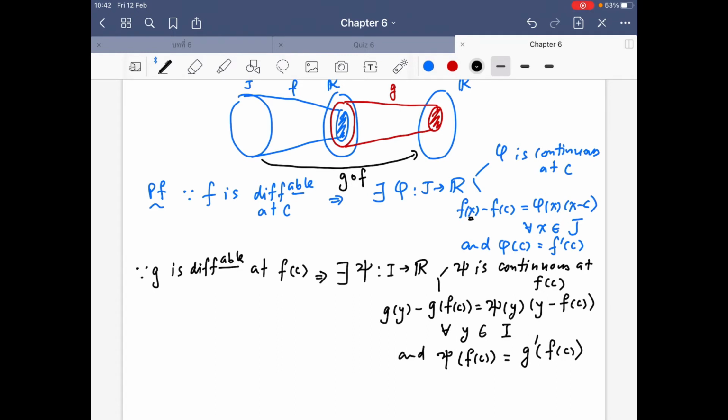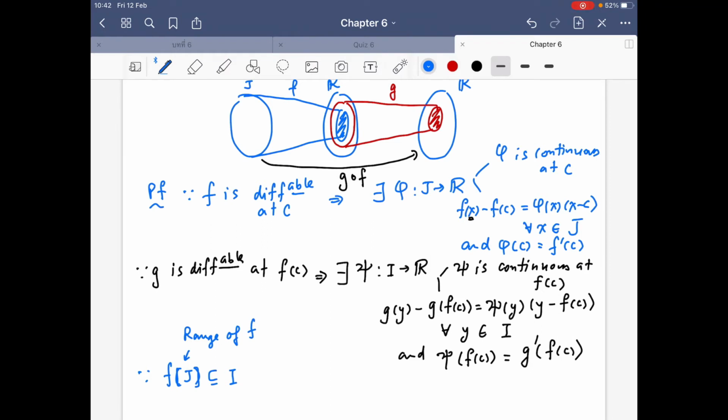So let's look at your f. Because f of J is a subset of I, this is the range of function f.